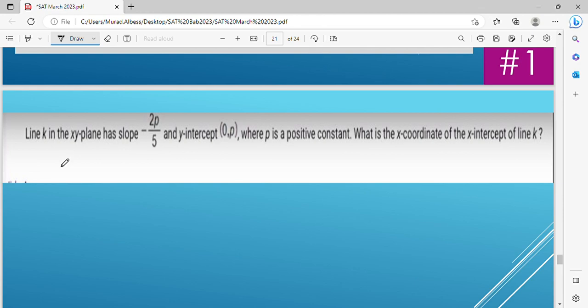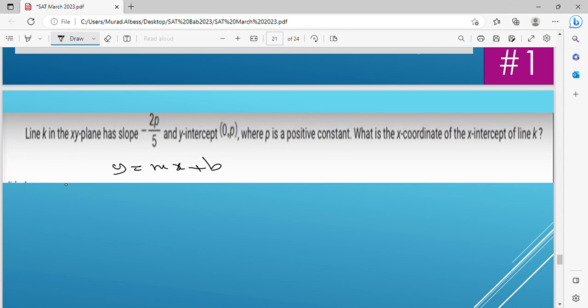Line K in the xy plane has a slope of negative 2b over 5 and y-intercept (0, b), where b is a positive constant. What is the x-coordinate of the x-intercept of line K? Now, the form of the equation is y equals mx plus b.